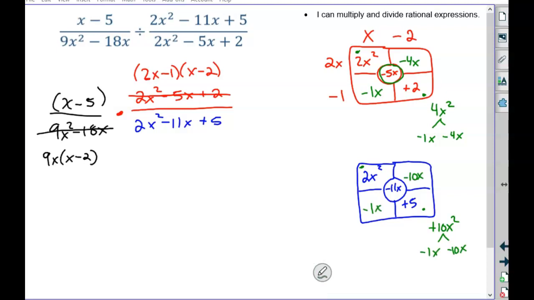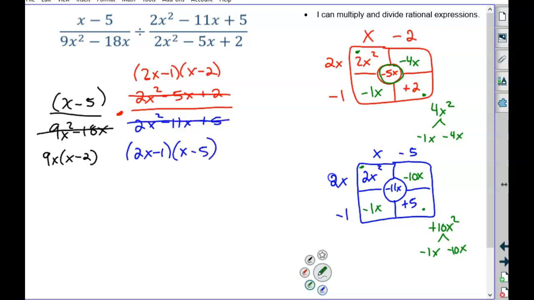All right, let's take a look. So when I multiply the corners, I get negative 10x squared. Factors are negative 1x and negative 10. And I factor. I get a, and then I'm just going to double check everything works out. So we're good there. I get a factor of 2x minus 1 times x minus 5.